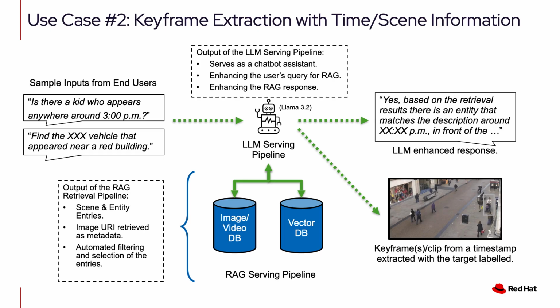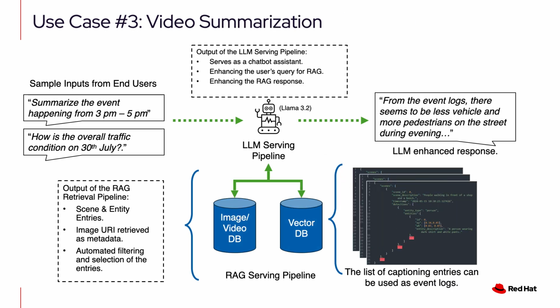The second use case is based on contextual information, where you can ask if a person is standing near a red building or if there was any event at 3 p.m. that day, and that will be retrieved as an image. And the third use case is summarization of the video, where you can summarize the entire video or, based on a certain timestamp between certain hours of the day, summarize part of the video.